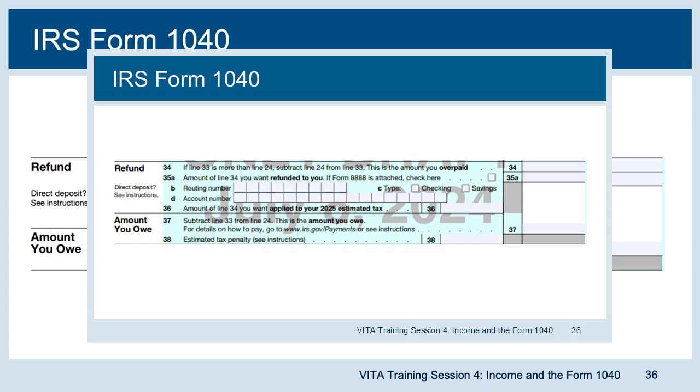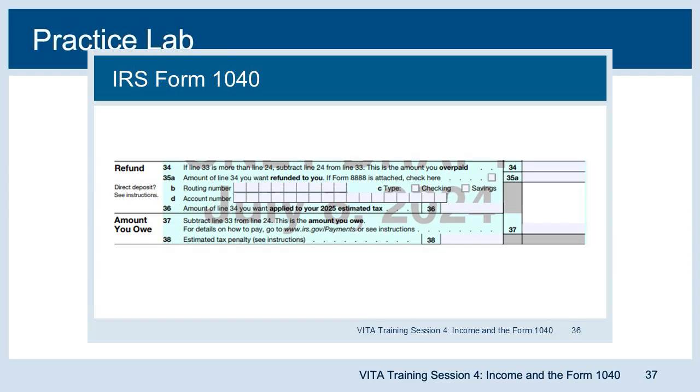Line 37 will report any amount a taxpayer owes to the IRS. Again, there are various options to pay, such as direct debit from a checking account, mailing their payment to the IRS, or if needed, they can contact the IRS for an installment agreement. Line 38, any estimated tax penalties if applicable. That's it for the 1040.